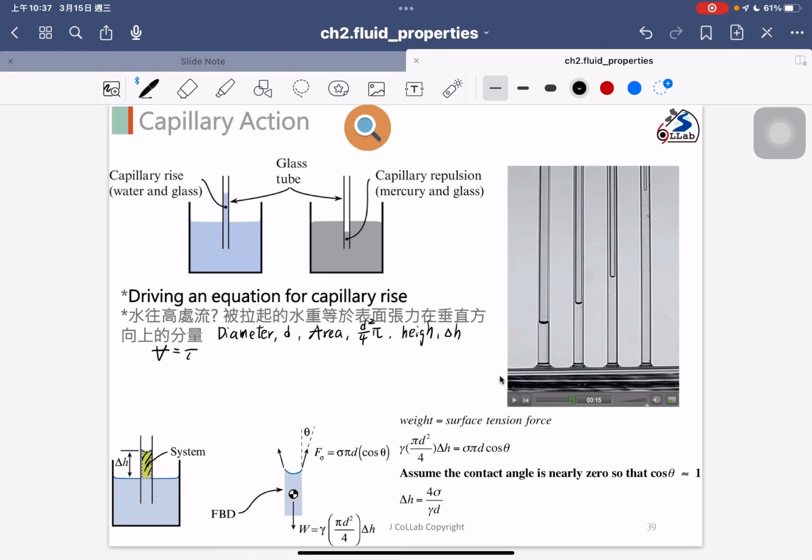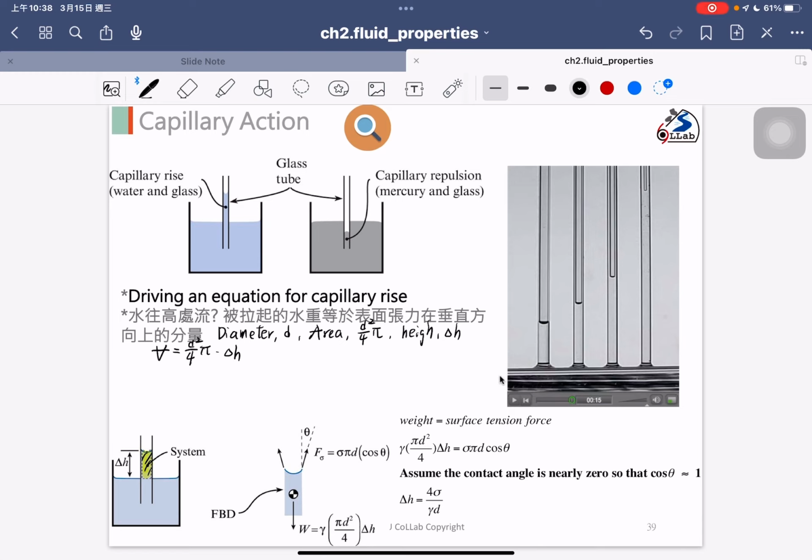The volume should be equal to pi D squared over 4, this is the area, multiplied by the height, which is the volume of the water.